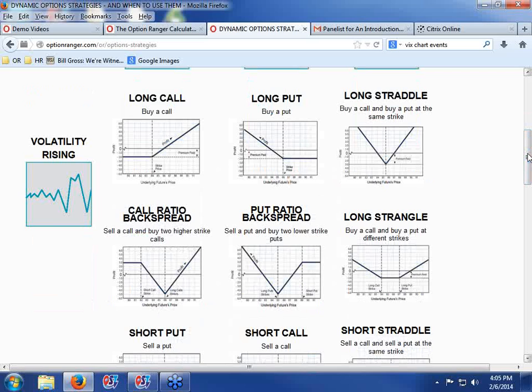So what we have learned now about premium, rising volatility and falling volatility is going to be a key ingredient in going to the next step on how to use them in combination in spread and combination strategies.